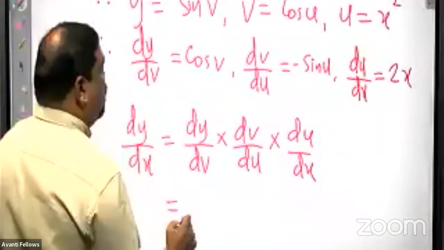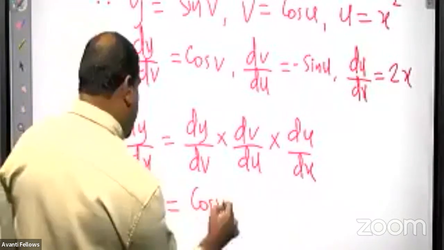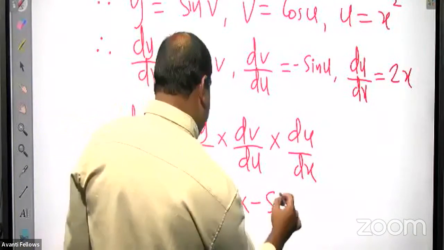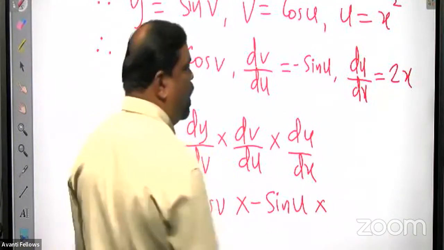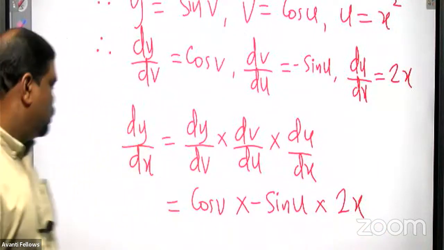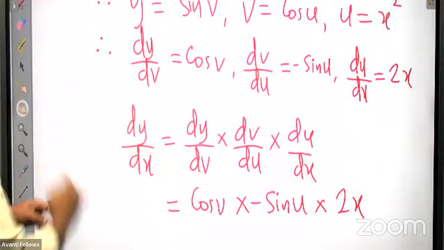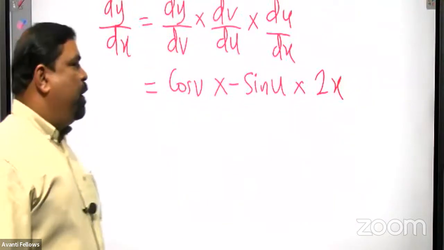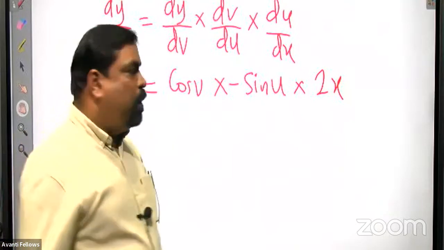So dy by dv means cos v. Substitute each and every value. And dv by du means minus sine u. And du by dx means 2x. Okay. So cos v into minus sine u into 2x.